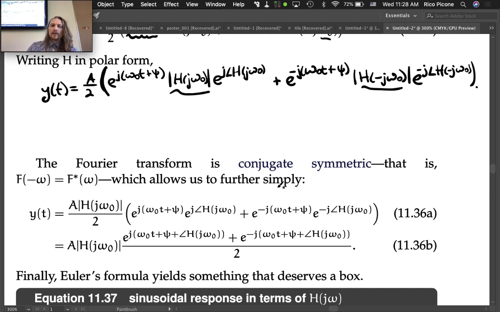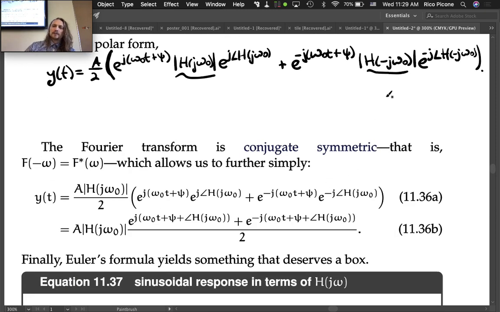When you take the complex conjugate, the phase changes here as well. The only difference is that we have a positive j here and a negative j there, and also a negative here and a positive there. So we're getting very close.